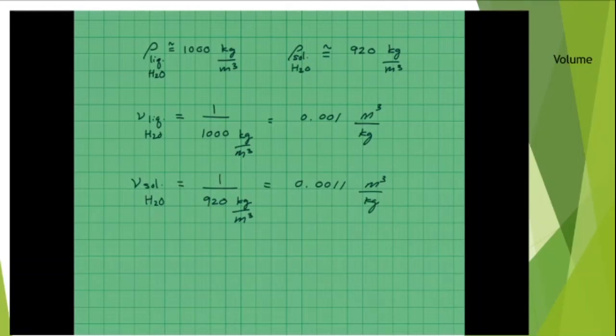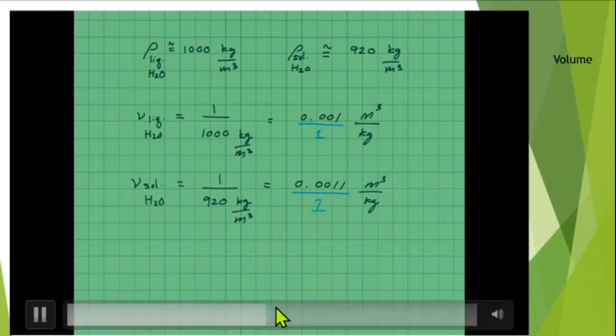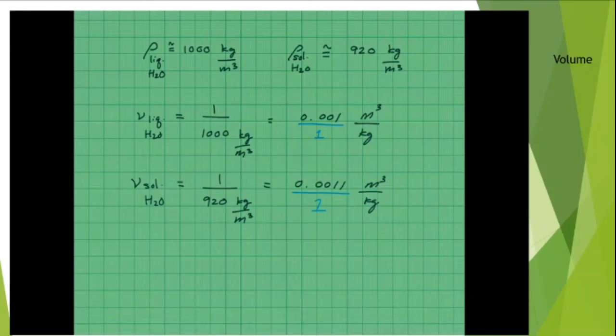So you can imagine if I have 1 kilogram, this is like saying 0.001 over 1. So liquid water requires 0.001 meters cubed per kilogram of H2O. When it's in its solid phase, as opposed to the liquid phase, it requires slightly more space. It gets bigger. It expands.